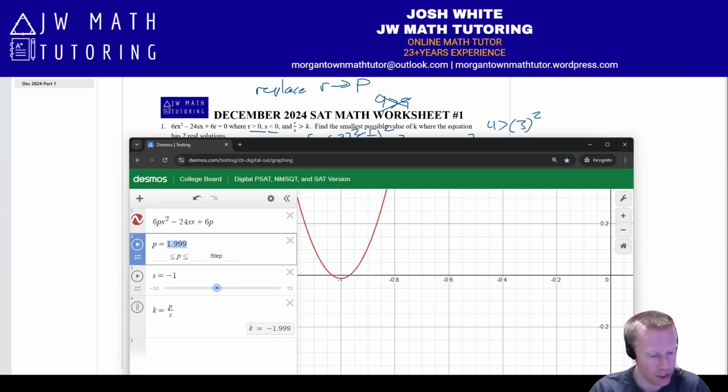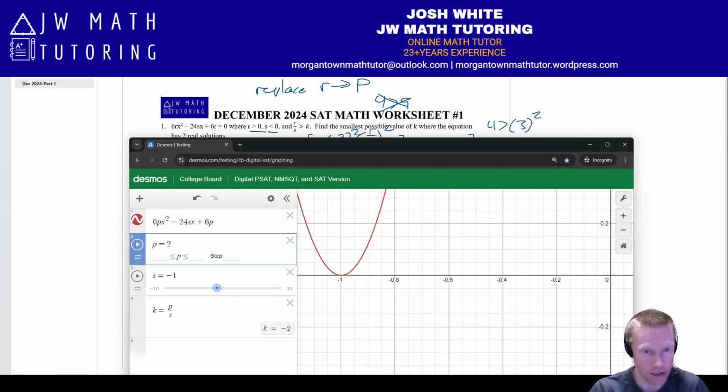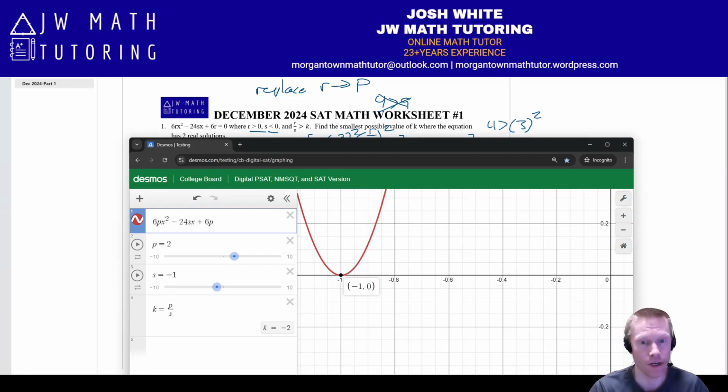So the reason you know it's, sorry, not 2, negative 2, for the correct answer for k, which is just the ratio of p over s or r over s, is because at that point, when k is equal to negative 2, you have exactly one real solution on the graph, okay? So anything above that will give you two real solutions.